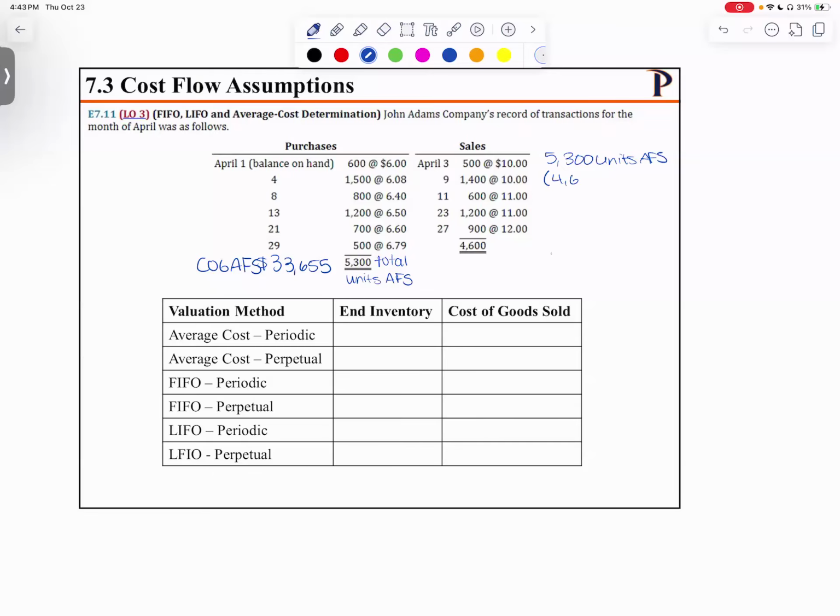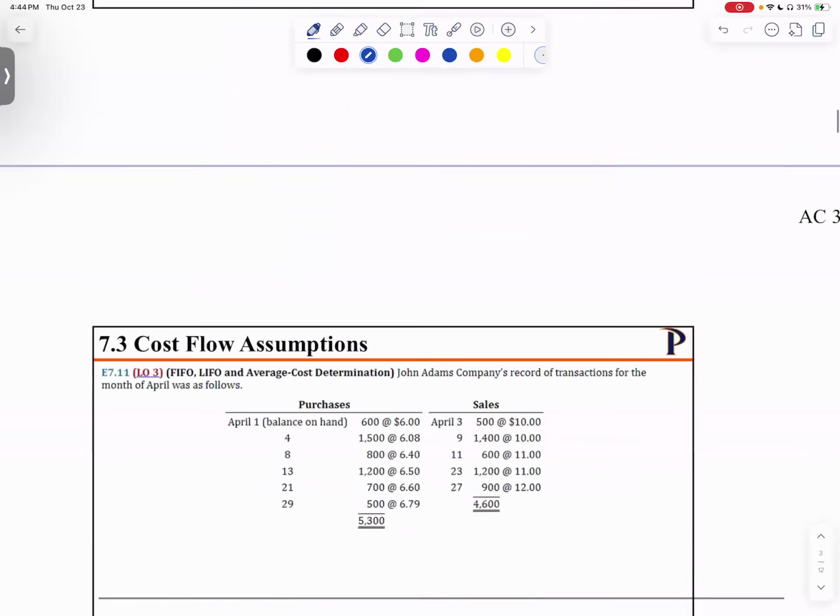If we subtract the number of units sold, 4,600, we arrive at our units in ending inventory: 700 units. It's helpful to start out all of these problems with this calculation because you can go back to it and don't have to recalculate every time you do a different method. So let's jump into our first example.